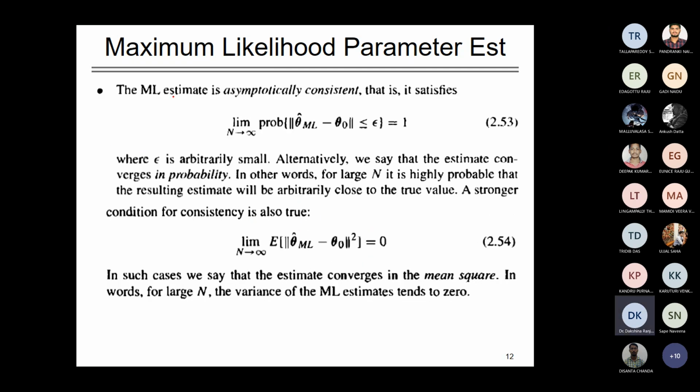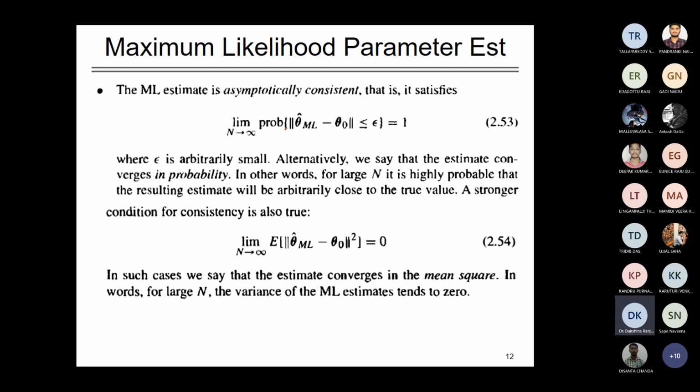Now the second property says that the maximum likelihood estimate is asymptotically consistent. Okay, that is, it satisfies the following: if we take the limit of the probability that theta cap ML minus theta 0, the deviation between the estimated value and the true value, is less than or equal to epsilon.